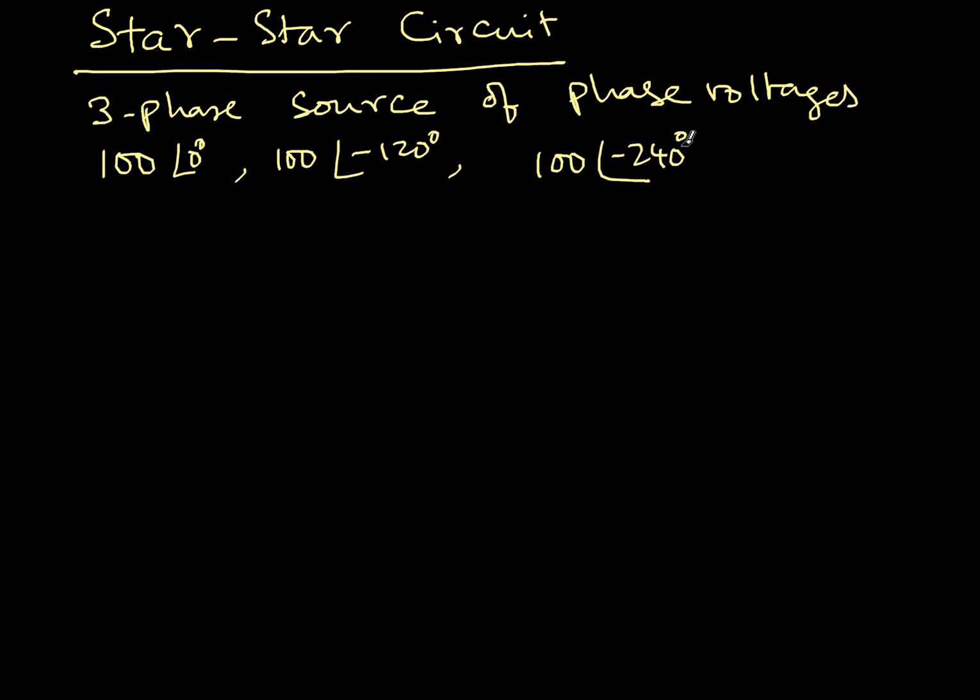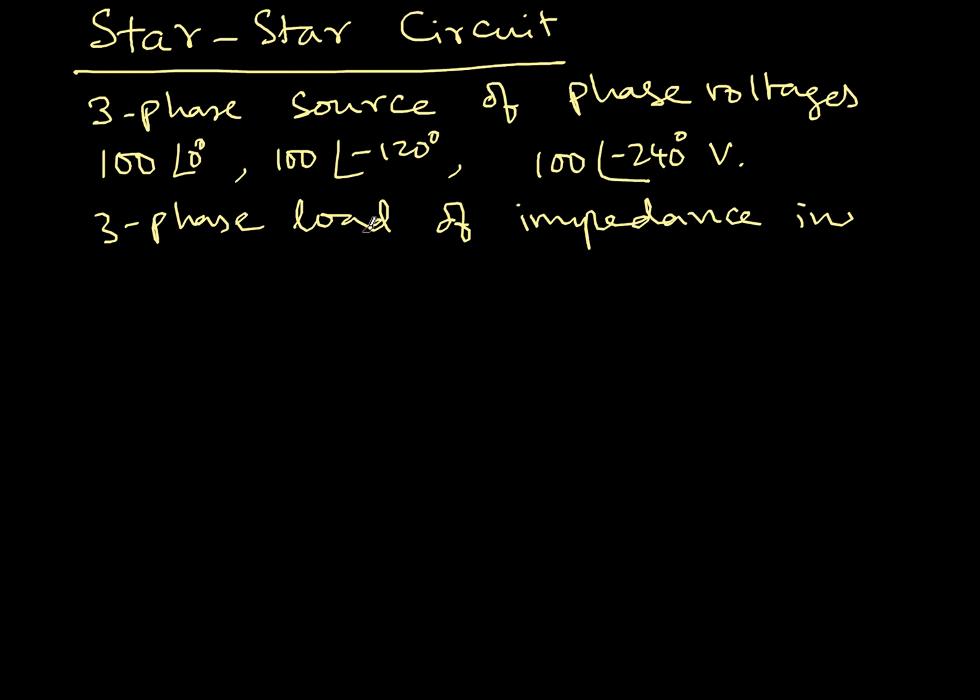These are the RMS phase voltages, and a three-phase load of impedance in each phase. That is, let's take 2 plus j7 ohms. So 2 ohms of resistance and 7 ohms of inductive reactance is there in each phase.